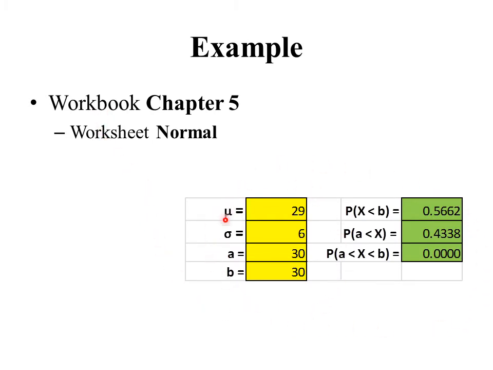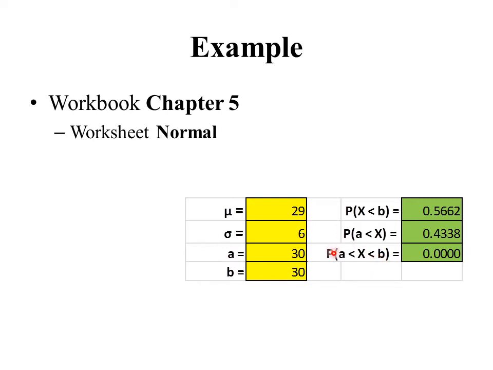Again, yellow are things that we can change, green are what's automatically calculated. This asks for four numbers: mu, sigma, A, and B. Mu is our population mean, which is 29 in this case. Sigma is our population standard deviation, which is 6. A and B are the numbers that we see inside the parentheses.